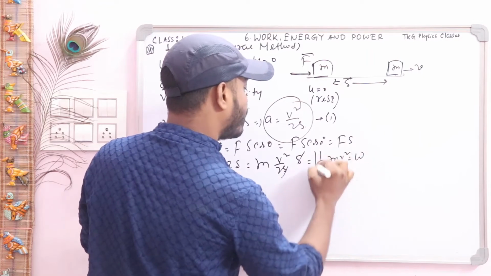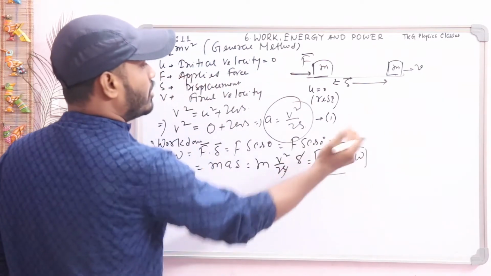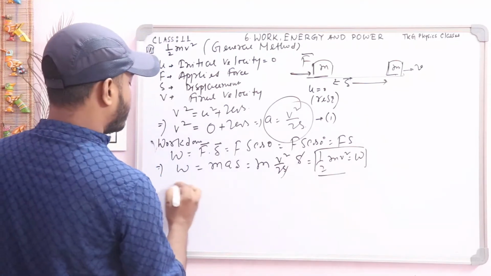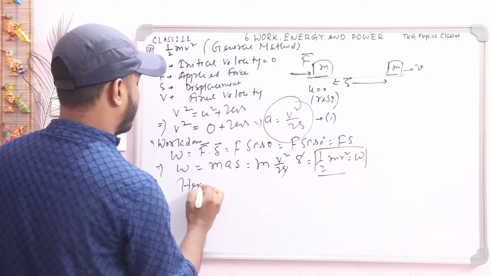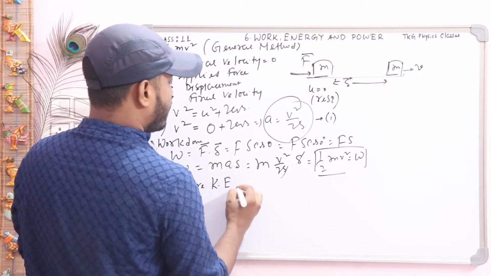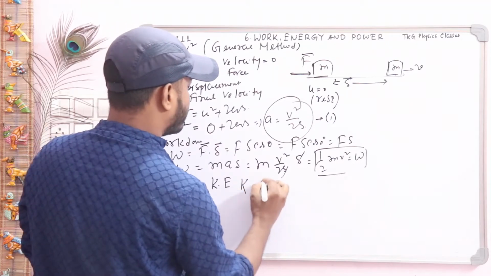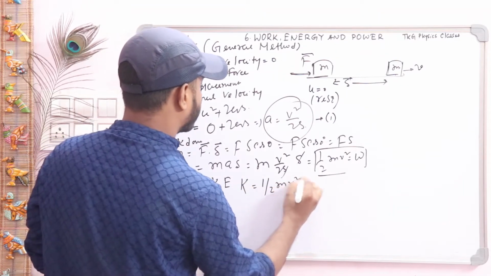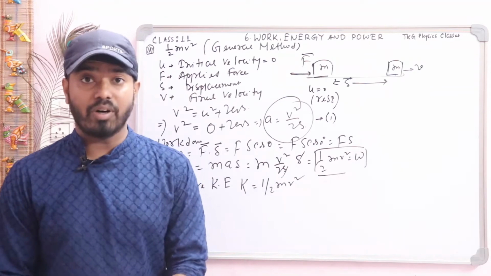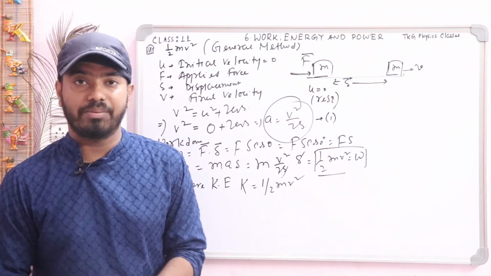This is the value of W, and this amount of work is converted into energy. So the kinetic energy attained by the body when moving with velocity v is K equal to half m v square. This is the proof of K equal to half m v square by the general method.